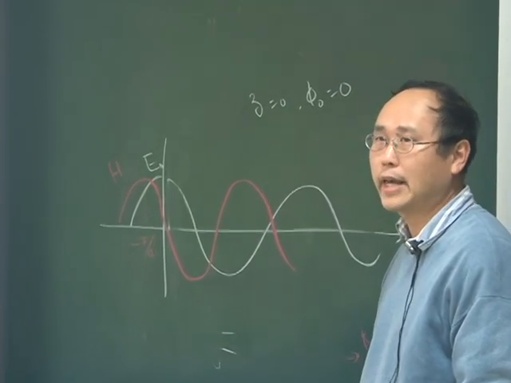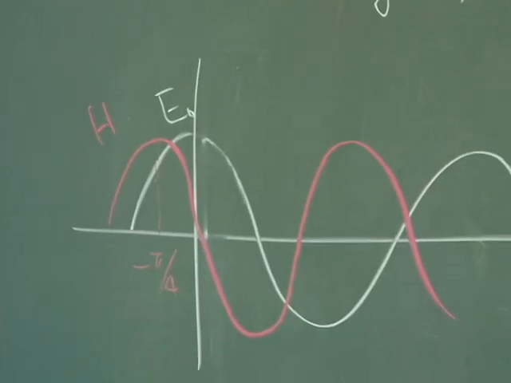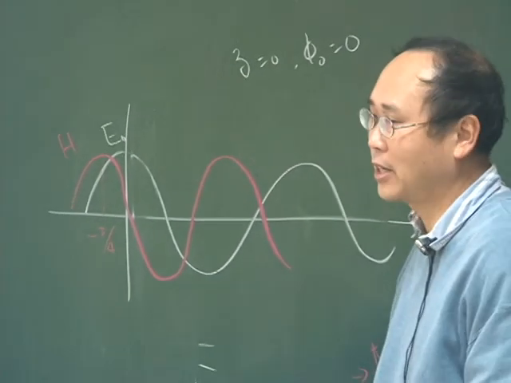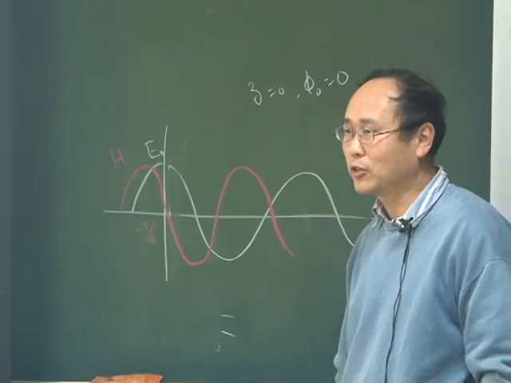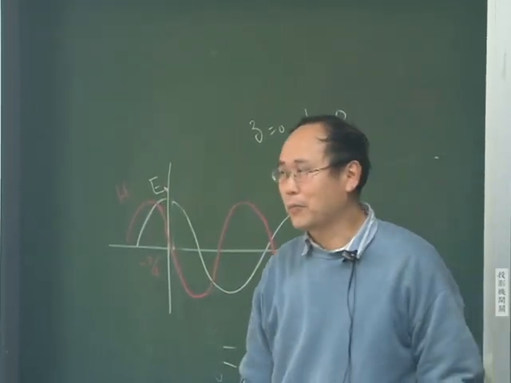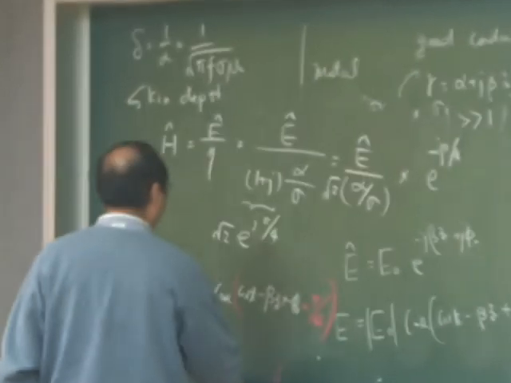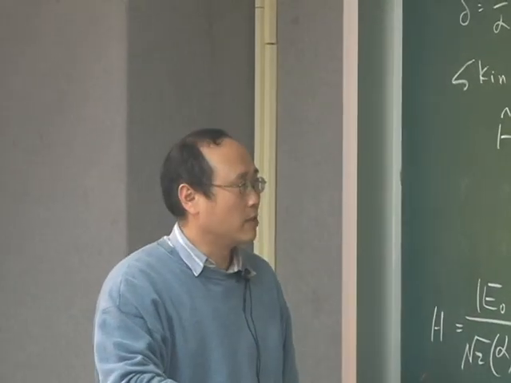所以 E 场跟 H 场不见得都是在同一个相位上头。Okay, for this particular case, in a piece of metal, there's a phase shift by 45 degrees between the electric field and magnetic field. That is because the complex value of this vacuum impedance.